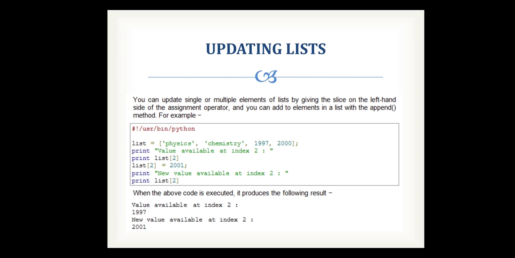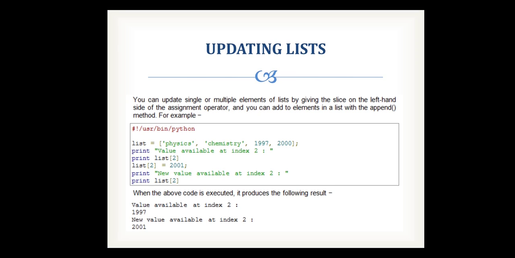So we use square brackets, specify the index number 2, and directly assign the element, equals 2001. So it will update the element at index position 2, and when we print the new element, it will directly print 2001.